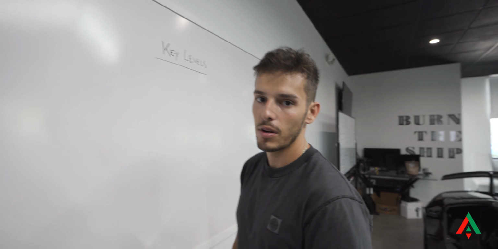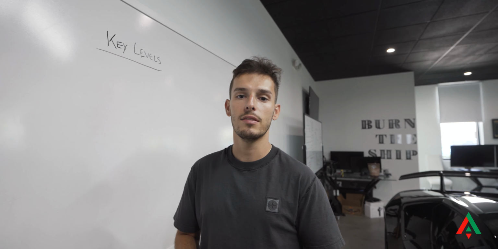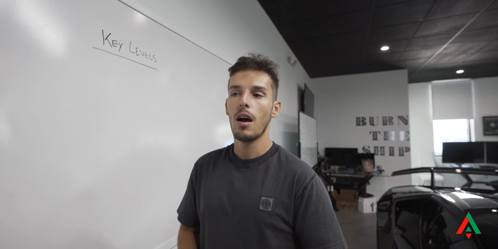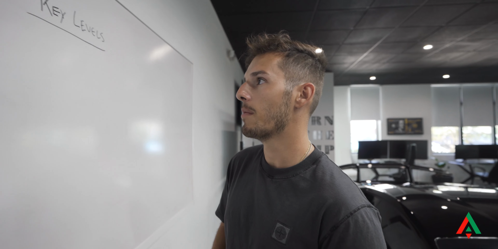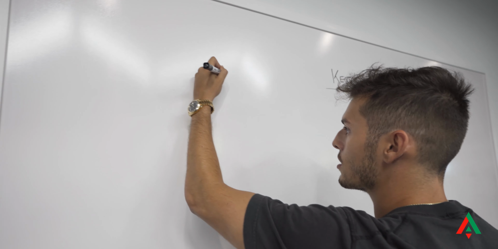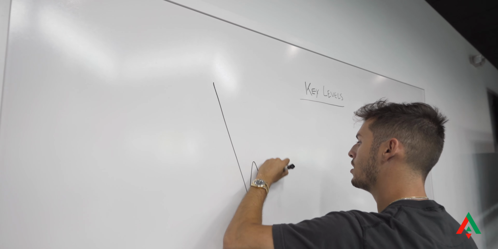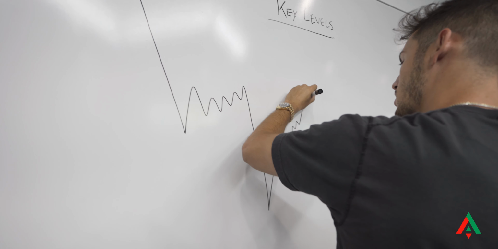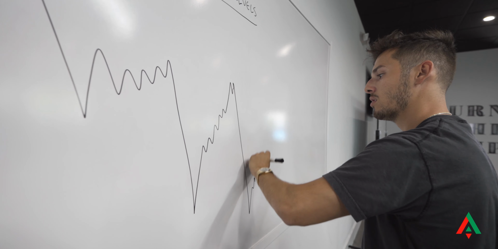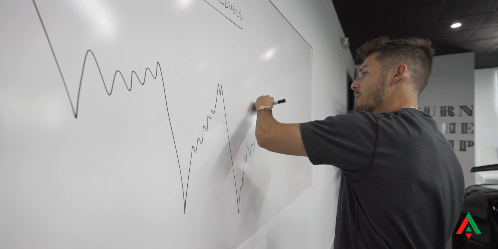We're gonna hop onto the screen like we always do, make sure that you guys see exactly how to do this on charting software. But I like to draw it on the whiteboard just so you guys can get an idea and I can explain it a little bit better. So just draw some price action. It's a very sideways market.